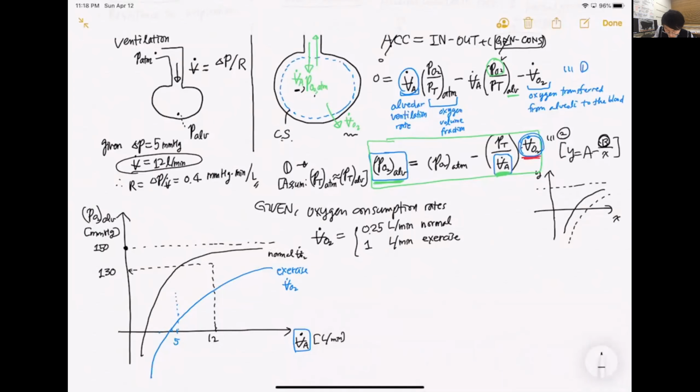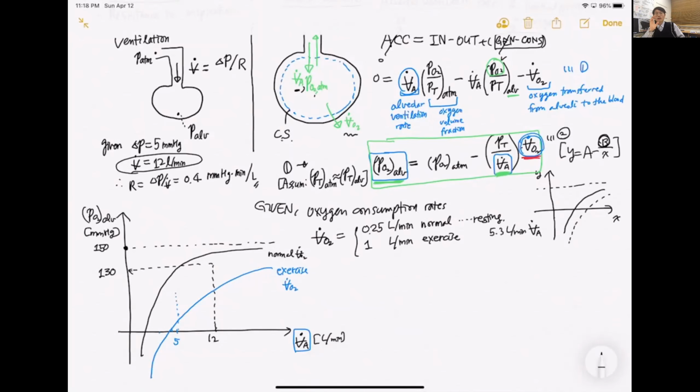And the assumption, let's assume the normal resting, we already discussed alveolar ventilation rate, which is the normal respiratory rate times the alveolar volume exchange, which turns out to be about 5.3 liters per minute as alveolar ventilation rate.